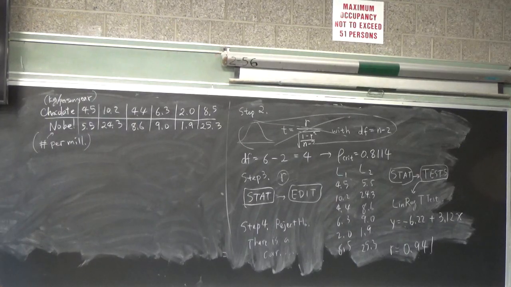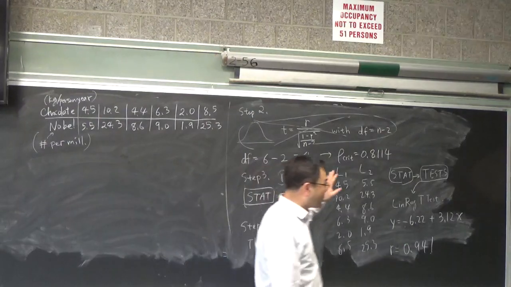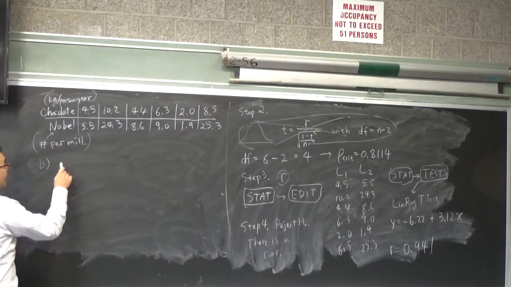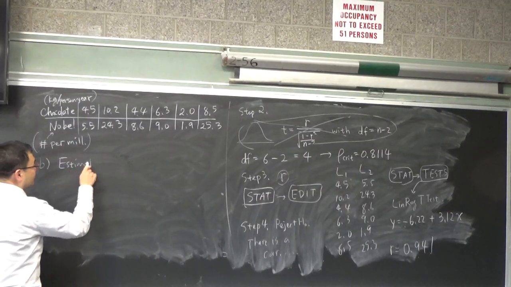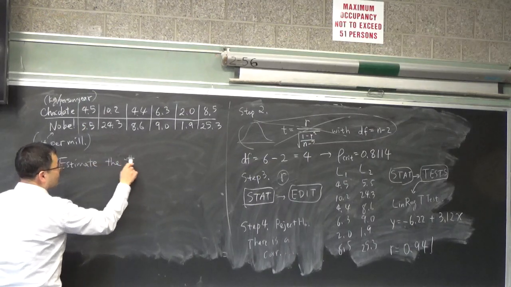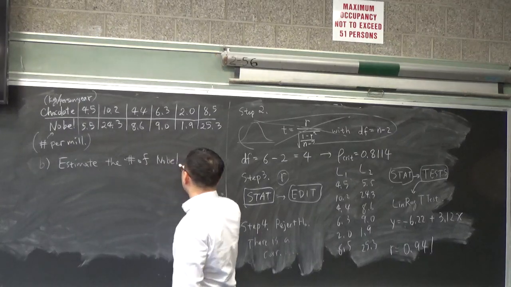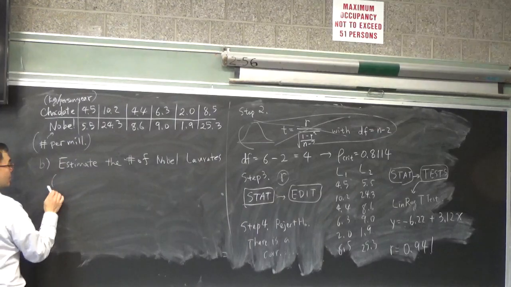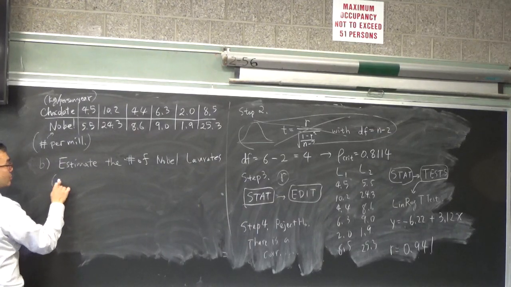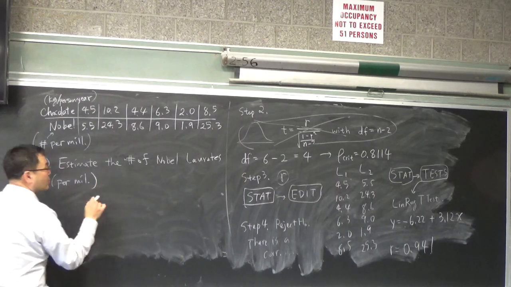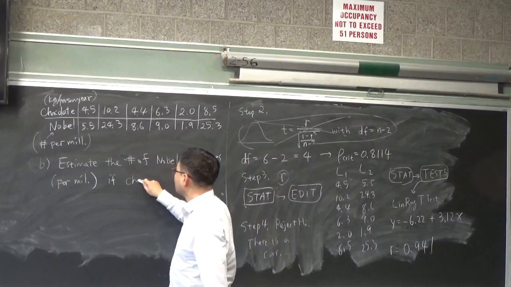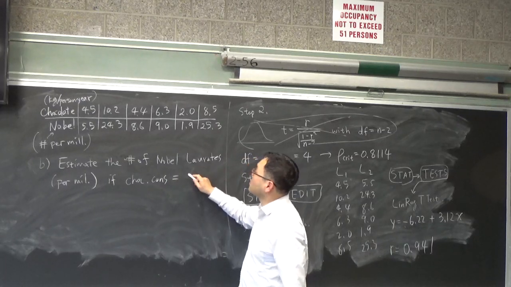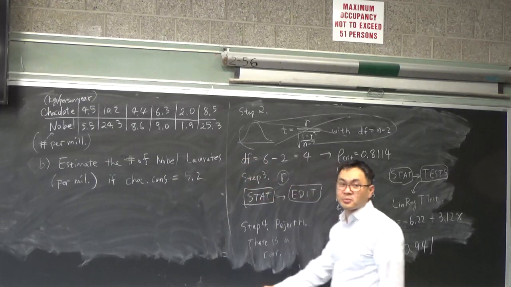So the next question, the hypothesis testing could be part A. Part B would be something like: estimate the number of Nobel laureates per million if chocolate consumption is equal to, say, 5.2.